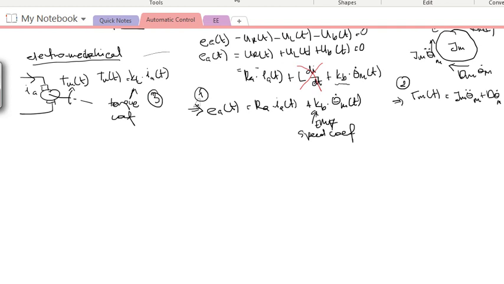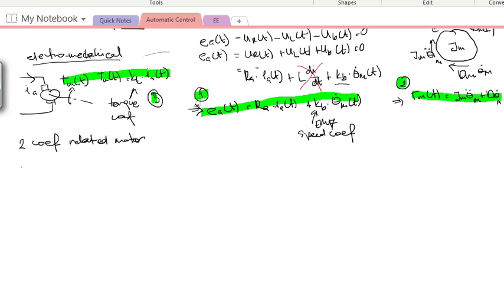The first equation comes from the electrical behavior. The second equation comes from the mechanical behavior of the motor. And the third equation comes from the electromechanical behavior of the motor. And we have two coefficients related to the DC motor, Kt and Kb, that can be given or have to be found.